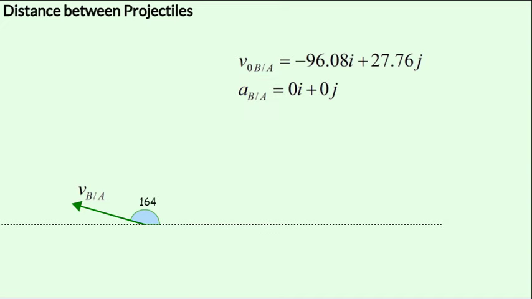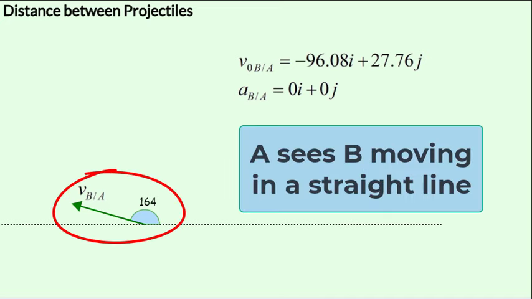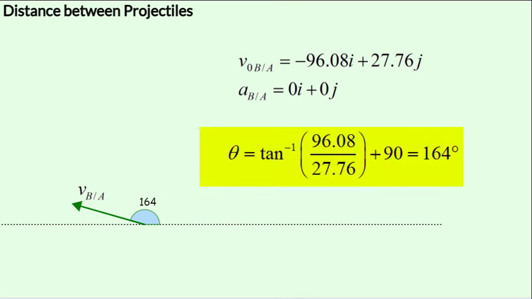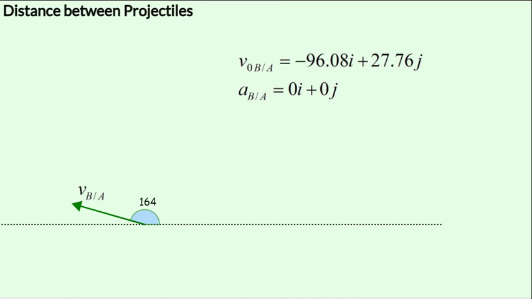And we know from the previous lessons that if two particles have the same acceleration, then one particle will see the other traveling in a straight line with a uniform velocity. So in this case, an initial velocity of minus 96.08i plus 27.76j would mean an angle of tan inverse of 27.76 over 96.08 plus 90 degrees, which is 164 degrees with the x-axis.